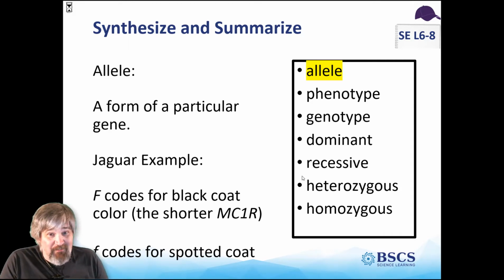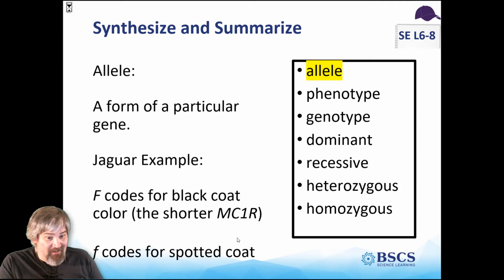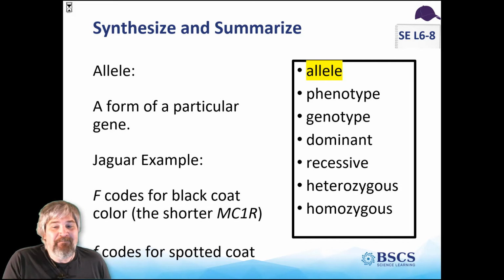There's a whole bunch of steps. But for the purposes of our example, we're just considering that as a more simple system with a single gene. Now, a lot of things you can do that for, and it works okay, until it doesn't. But for this, it worked out fine. So big F for the black coat, little f for the spotted coat. Now, why do we have a big F and a little f? Well, you're going to see.